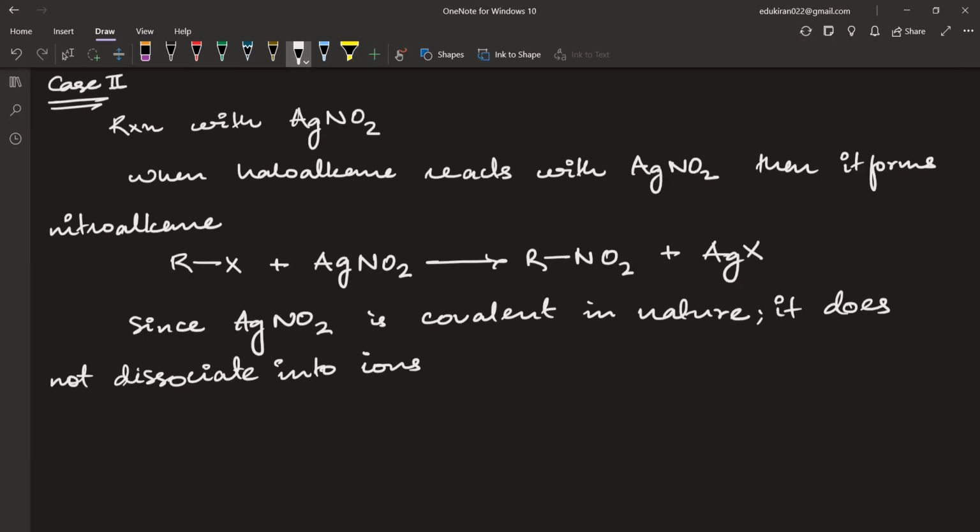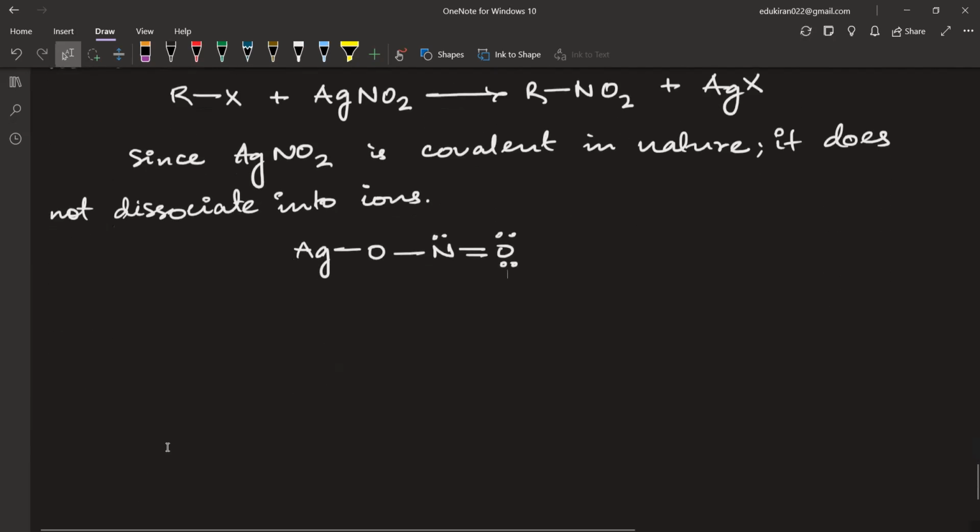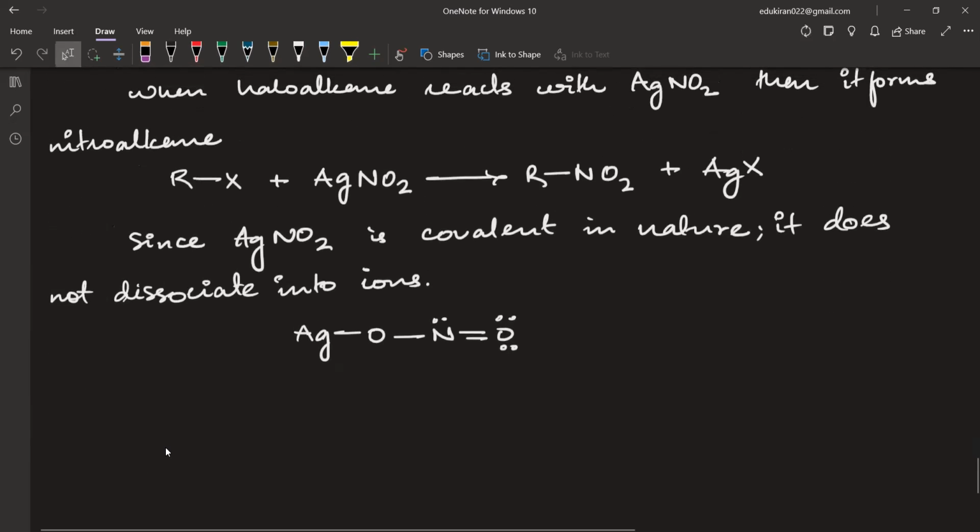If it does not dissociate into ions, then oxygen and nitrogen both have the tendency to give electrons. It has Ag-O-N double bond O, so this nitrogen has a lone pair, and this oxygen also has lone pair electrons. So now both of these can give electrons.